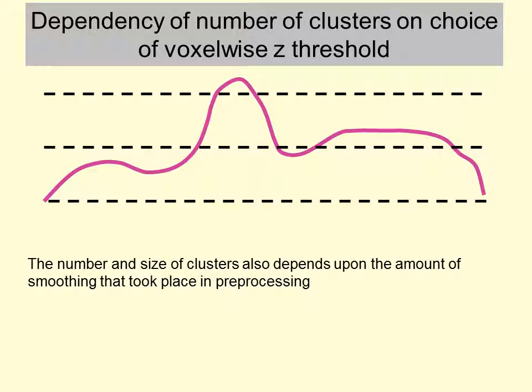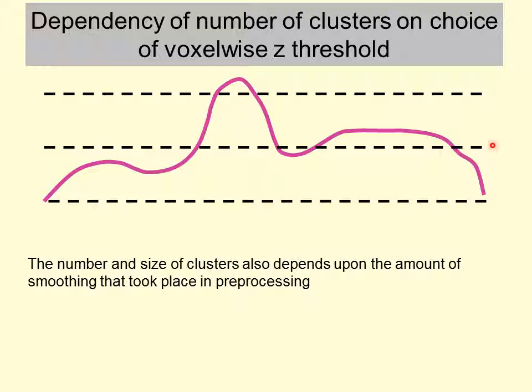This slide illustrates how the number of clusters identified in the image will depend on that initial choice of voxel-wise Z threshold. Here the same strip of voxels with varying Z values, the variation in the vertical position of the pink line, is thresholded at 3 different levels, and this top one would result in 1 cluster moving forward to the next thresholding stage.